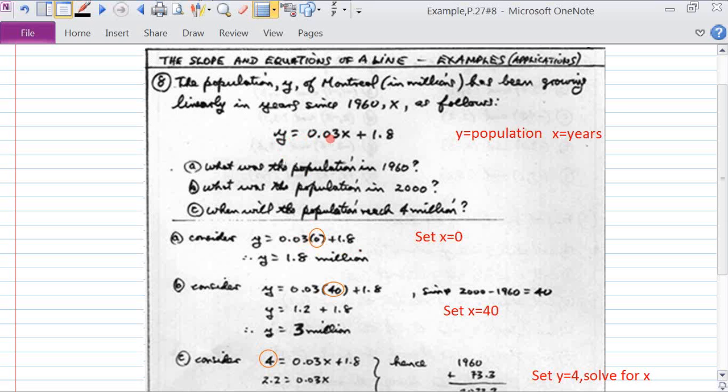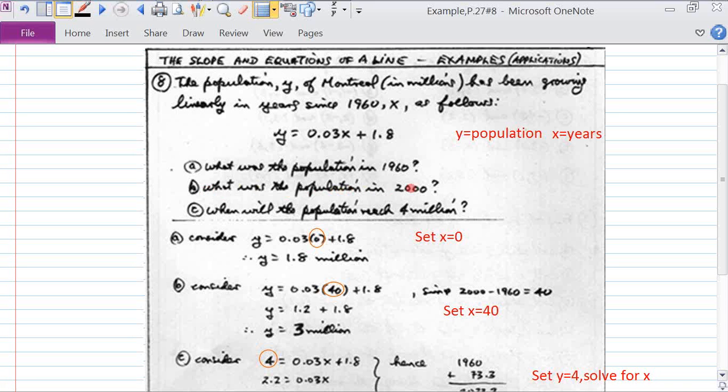Y equals 0.03X, 0 here for the X. 0 times 0.03 is 0. And so Y is 1.8 because the Y number is in millions. That's what it says here. So the population in 1960 was 1.8 million.